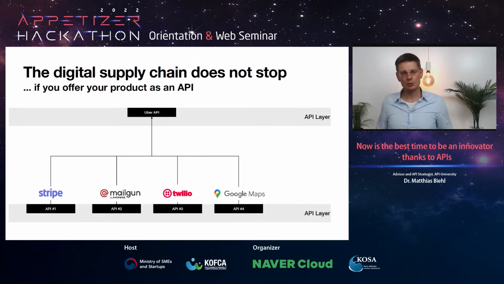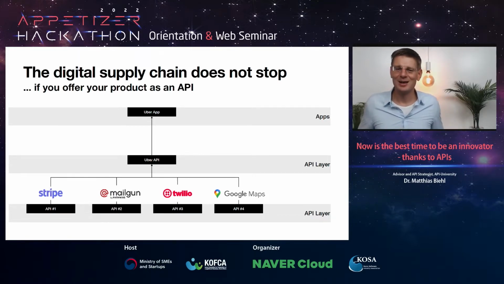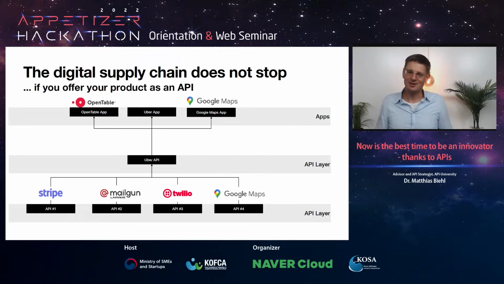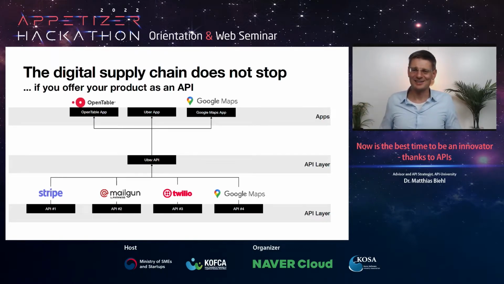So when we look at our digital supply chain, what happened here is that what we had on an app level is now on an API level, and the ride-sharing application itself integrates their own API. But now, because it's an API, we can integrate it into other applications. Other people can integrate us. We become integratable, and that gives other people the superpower of our core competence.